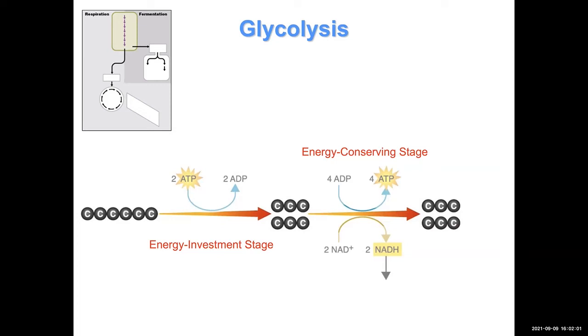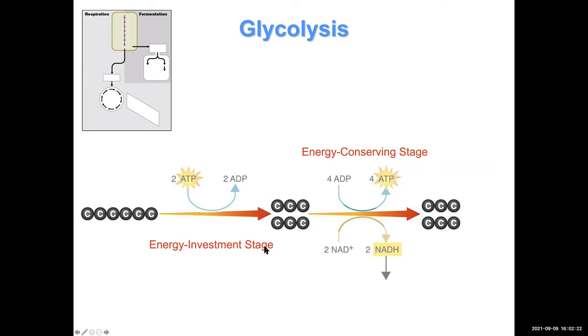So glycolysis is the oxidation of glucose to pyruvic acid. And it's usually the first stage in carbohydrate metabolism. There are two stages to this. The first is the energy investment stage.